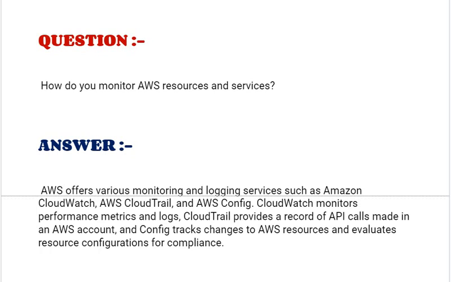CloudWatch monitors performance metrics and logs. CloudTrail provides a record of API calls made in an AWS account, and Config tracks changes to AWS resources and evaluates resource configurations for compliance.